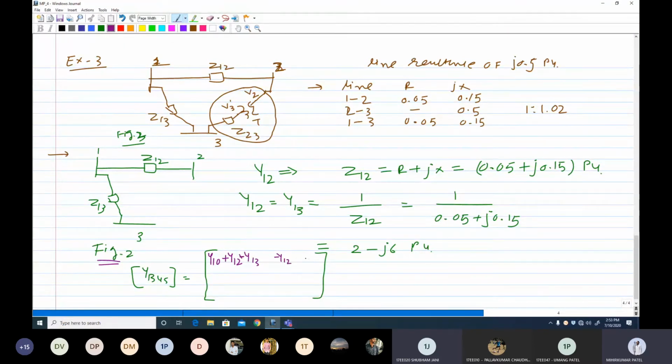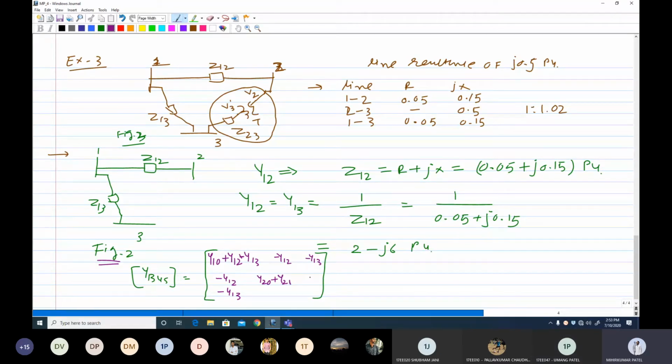Minus Y13. Similarly minus Y13 here. Then Y22 is equal to Y20 plus Y23. Very good. There is no connection between 2 and 3. The only term is Y12. Yes, very good.